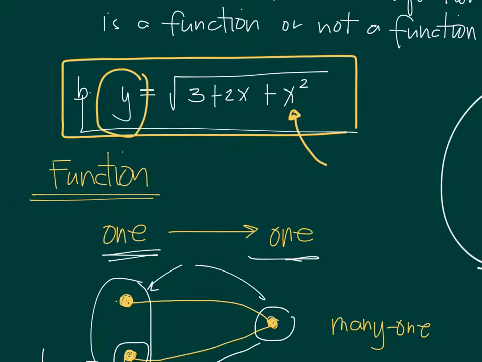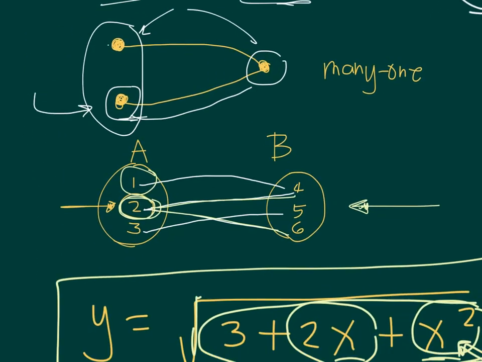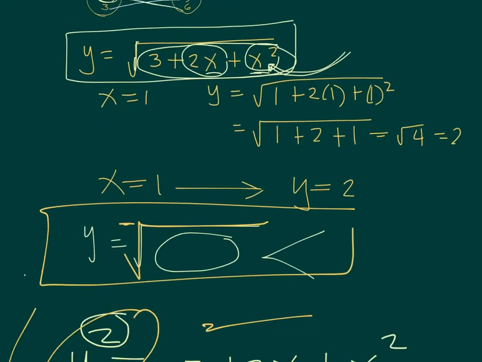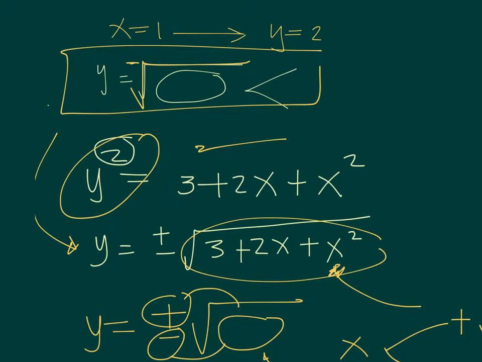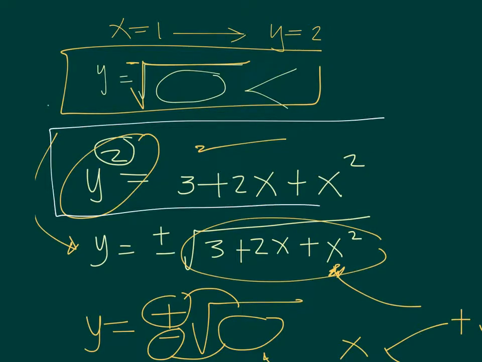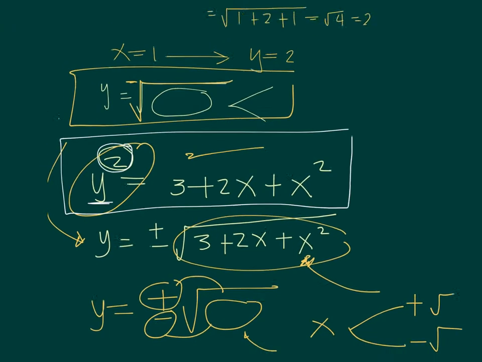So the y equals the square root equations will always be functions, and those that have y squared, because of the square, when you look for y, you always take the positive or the negative square root, so it's leading you to more than one value of y. So the y squared equations will just be a mere relation.